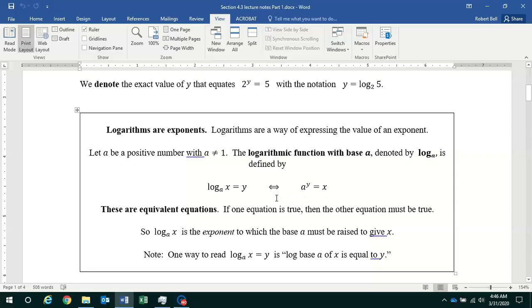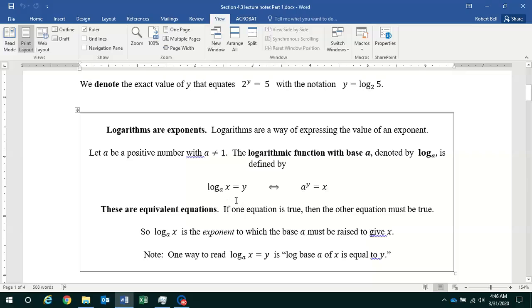This if and only if means this goes both ways. If exponential a to the y is equal to x, then it has to be true that exponent y is equal to log base a of x.